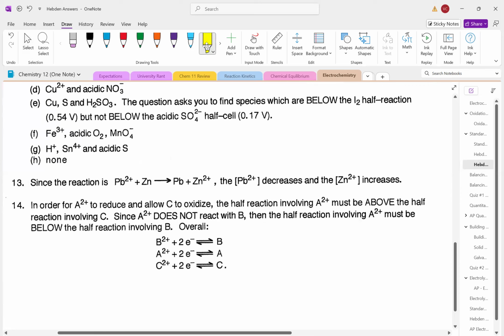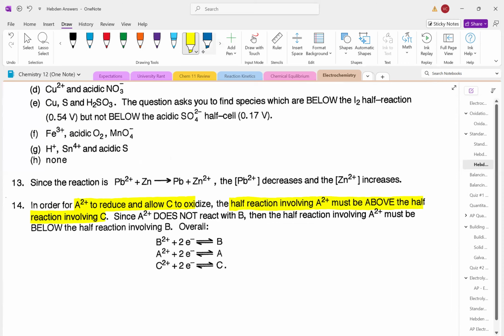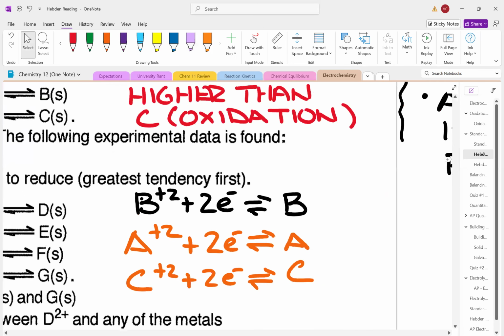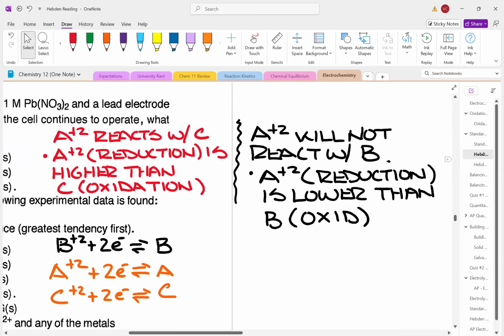It says, in order for A2+ to reduce and allow C to oxidize, the half reaction involving A2+ must be above the half reaction involving C. And since A2+ does not react with B, the half reaction involving A must be below the half reaction involving B. So the answer they gave you is exactly the same as what I talked about up here in determining the half reactions.